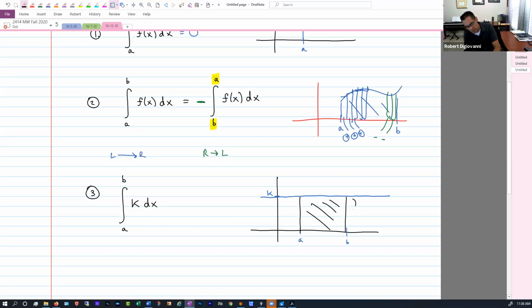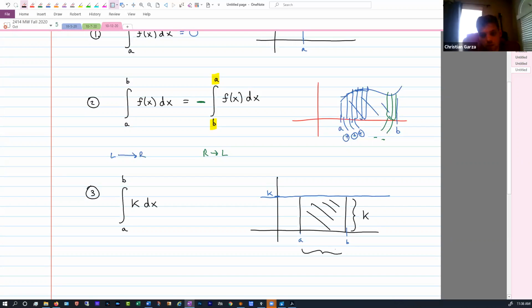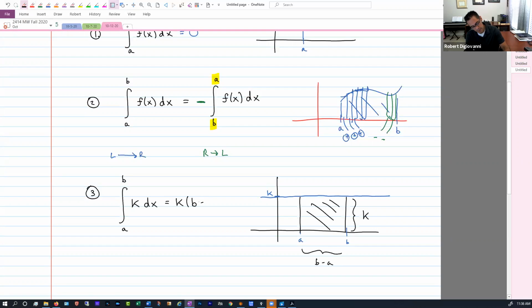How tall is the rectangle? Right, that's K. And how wide is the rectangle? B minus A. So this should just be K times B minus A.